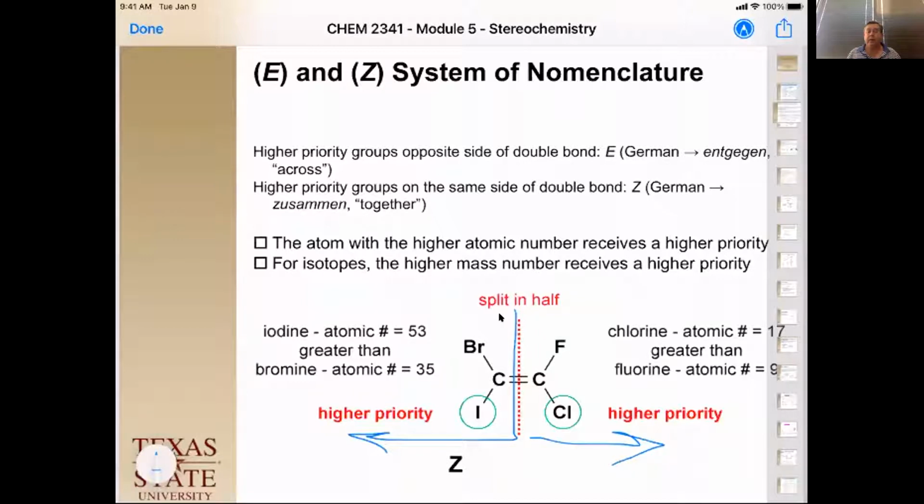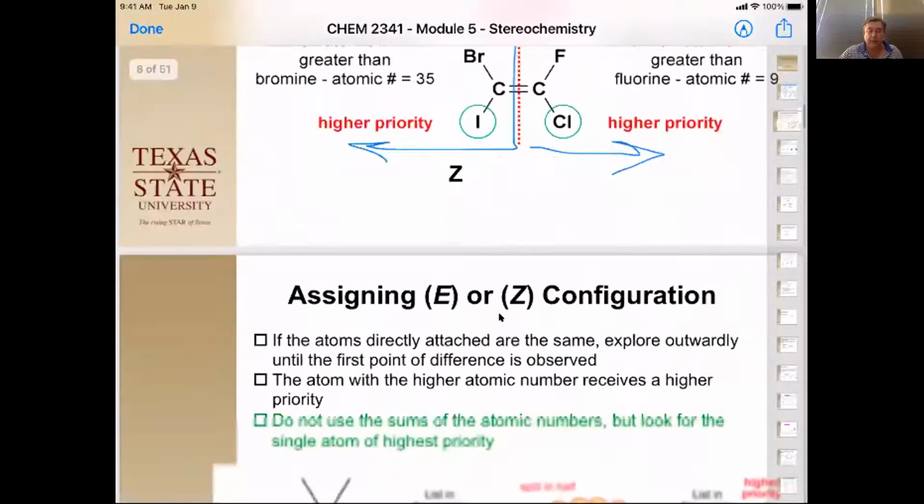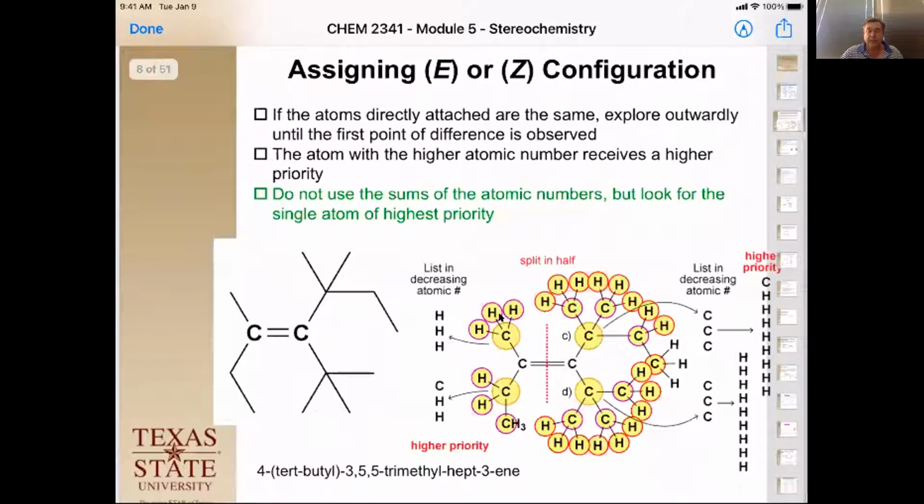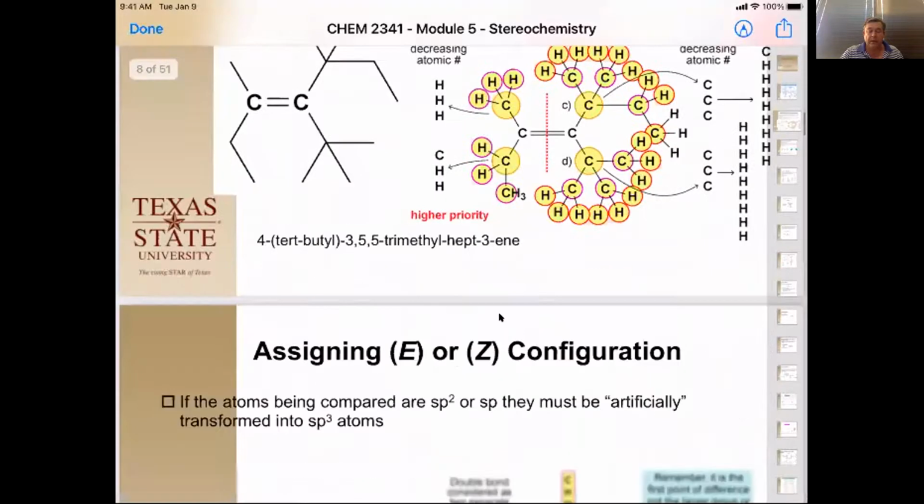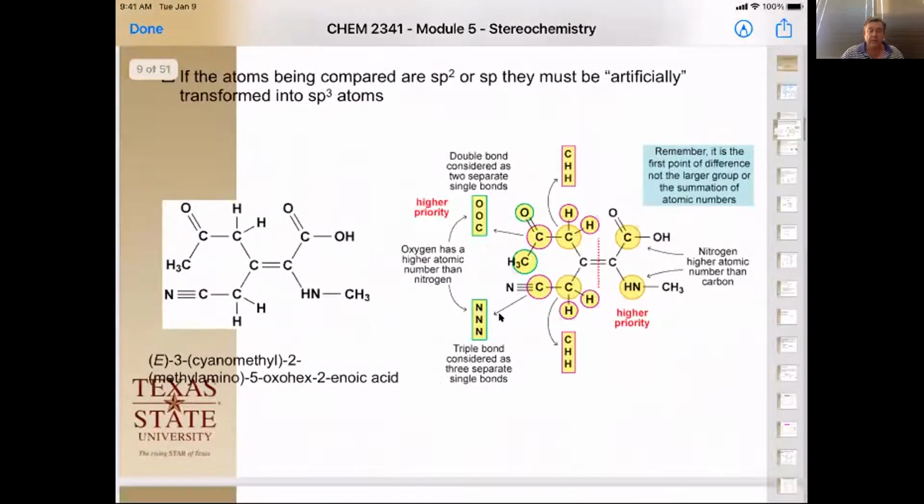And that's all we have to do to attain our E and Z. And of course, E is entgegen, meaning equivalent to trans or across. And Z is zusammen for together. So Z is on the same side. So, okay. And we use those exact same rules we used before. And this is for review if you need to review.